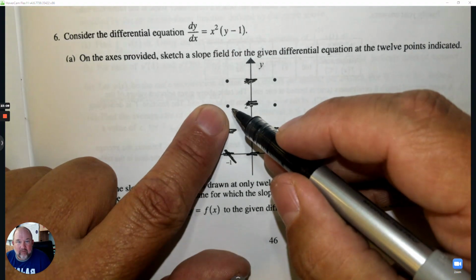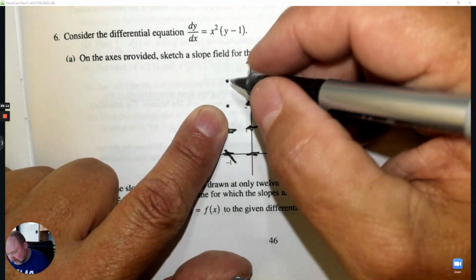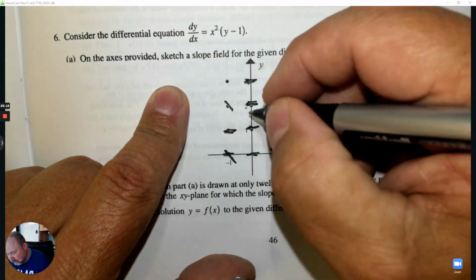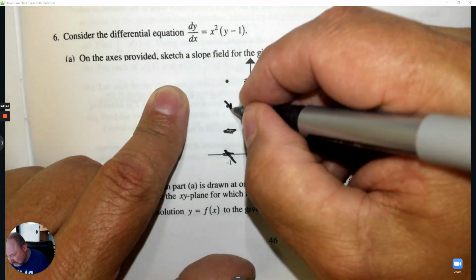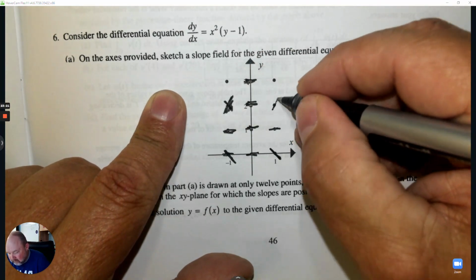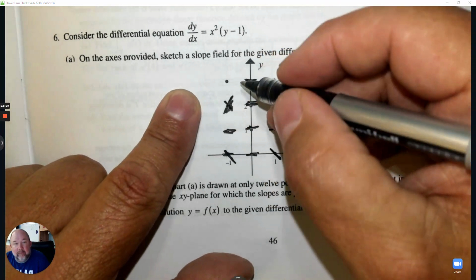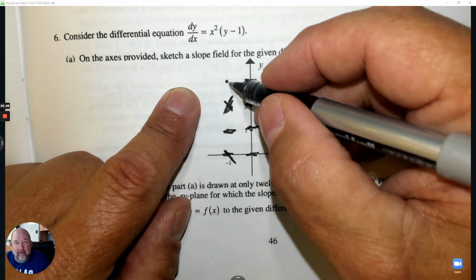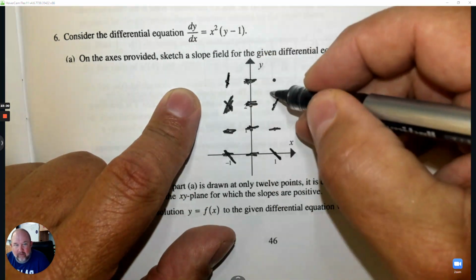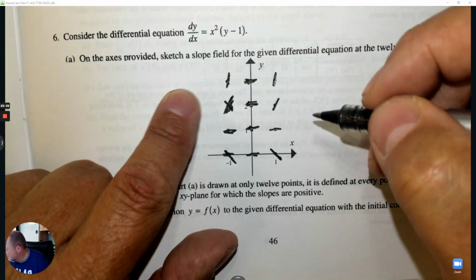-1 and 2. It's going this way. +1 and 2. -1, which will become positive, and 3. So even steeper, and this will match over here on this side.